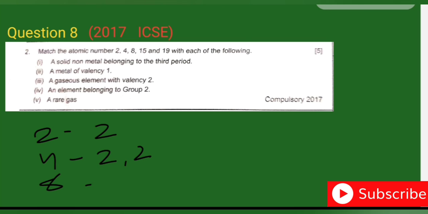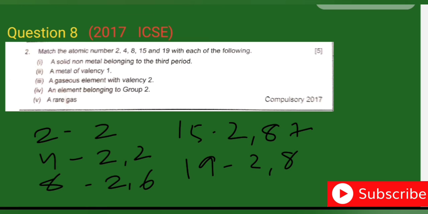Atomic number 8, the configuration is 2, 6. Atomic number 15, the configuration is 2, 8, 5. And atomic number 19, the configuration is 2, 8, 8, 1. Is it clear? Please don't put commas while writing the electronic configuration.